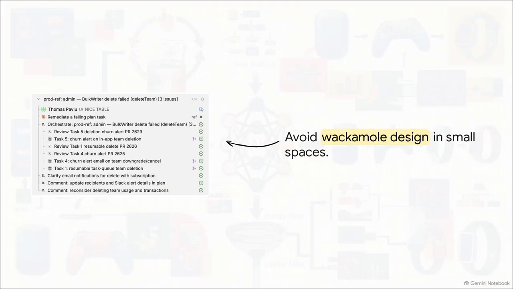To see what happens when you ignore those constraints, just picture an incredibly dense user interface, one that packs a massive amount of information and actions into a really tiny space. When a user inevitably gets lost in that chaos, our natural temptation is to jump in and spot fix. You immediately prompt the AI, hey, make this button more prominent, or add a quick link to do this. But that is the exact design whack-a-mole we just talked about.